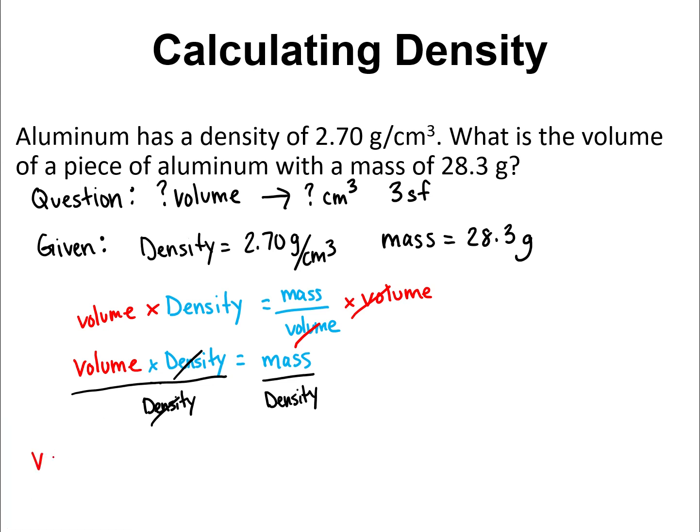We've got volume on one side, and we've got mass and density on the other.